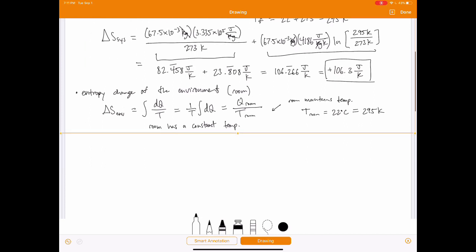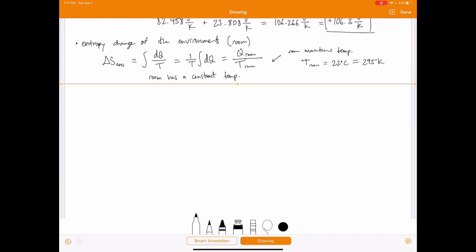Okay, so here's what we need to do next. We need to realize that any heat gained by the ice is lost from the room. So let's see how we can know that that's the case.